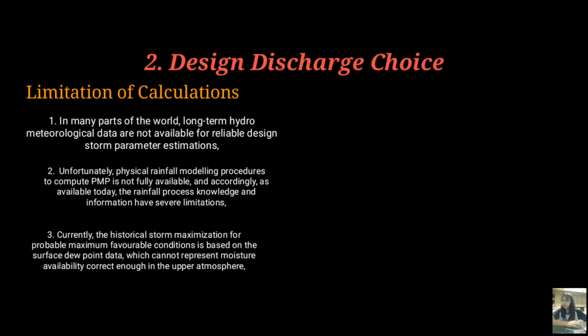Number three, currently, the historical storm maximization for probable maximum favorable conditions is based on the surface dew point data, which cannot represent moisture availability correctly enough in the upper atmosphere.